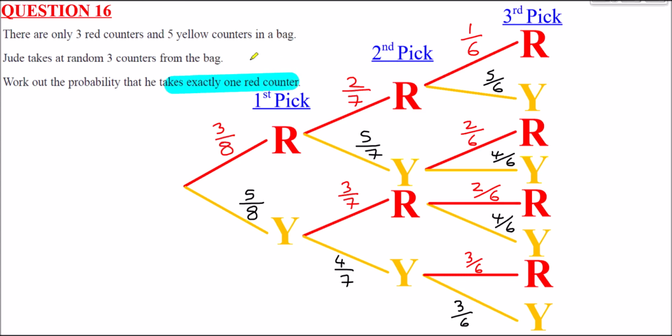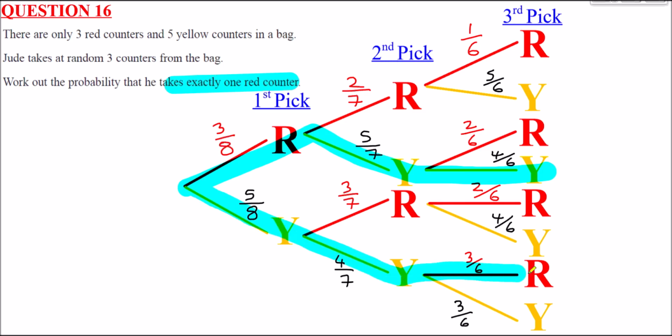To take exactly 1 red, what could be done is he could pick 1 red, then a yellow and a yellow, or he could pick a yellow first, a yellow second, and the final pick could be a red, or he could pick, instead of that, a yellow, then a red, and then a yellow.